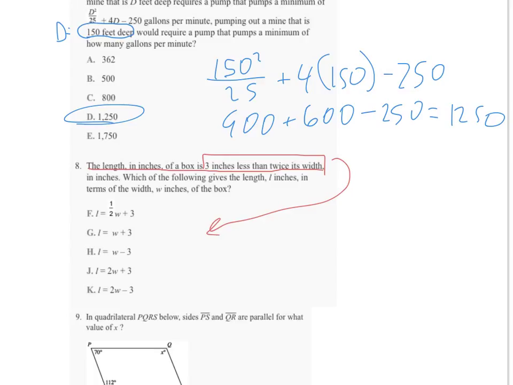So you might be tempted to write 3 minus twice the width, that'd be 2 times the width, but that's actually not right because the phrase less than needs to reverse, so it's actually 2w minus 3. If you think about that phrase less than, hopefully your Algebra 1 teacher pointed that out to you, but the less than is sort of a backwards type of statement. So we get this as an answer. If you want some explanations on the phrase less than, please ask about it in class. We'll talk about it in the future. Just going to keep the video going here.